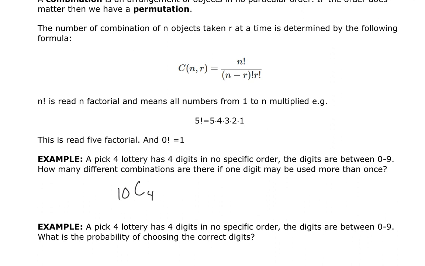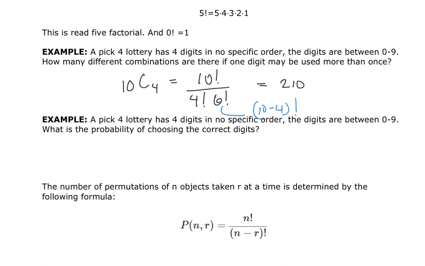If you're not using your calculator, then you would use this formula, which is 10 factorial over 4 factorial multiplied by 6 factorial. That's because this is 10 minus 4 factorial, this part of the formula. Then you would use the factorial button on your calculator, and you would end up with 210.